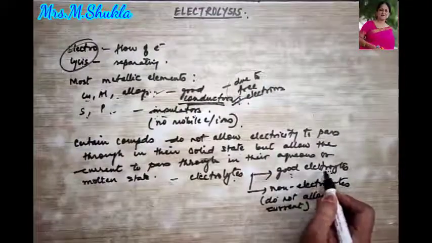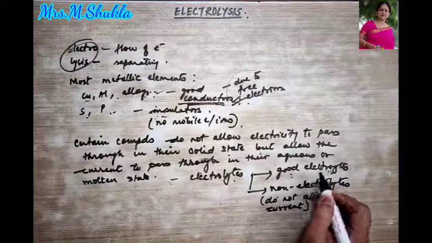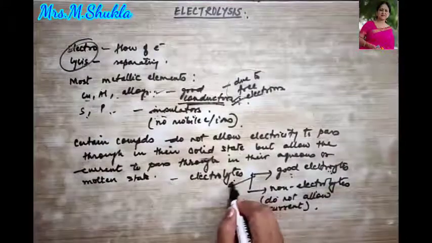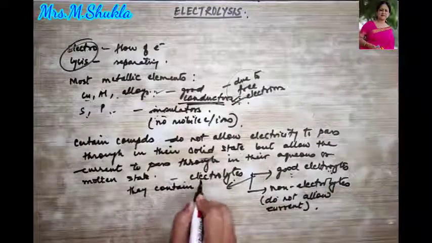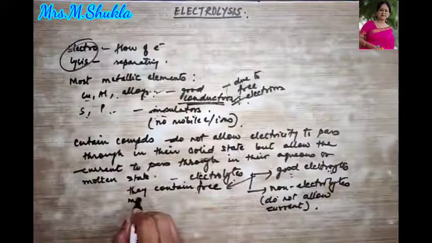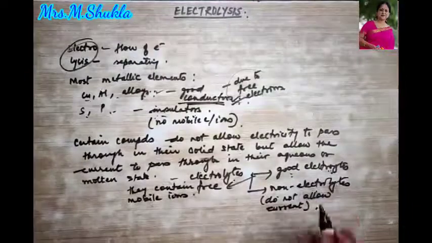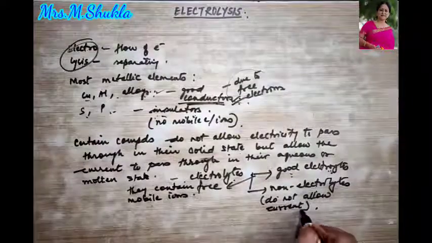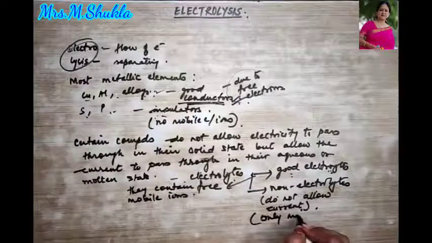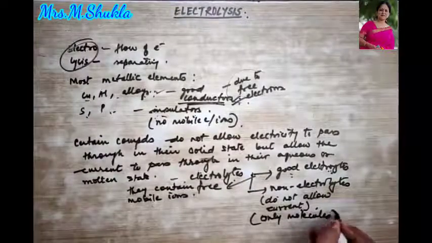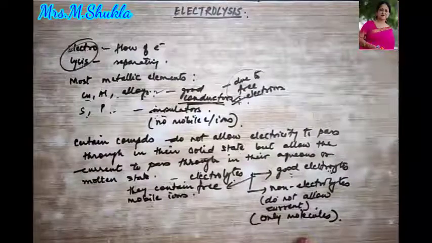So what do good electrolytes contain? They contain only free mobile ions. Therefore, they are good electrolytes. Whereas non-electrolytes do not allow current. They contain only molecules, and molecules do not allow electricity to pass through. I hope this is very clear.